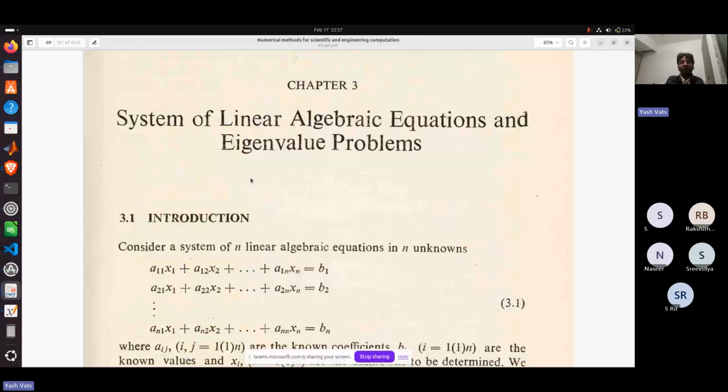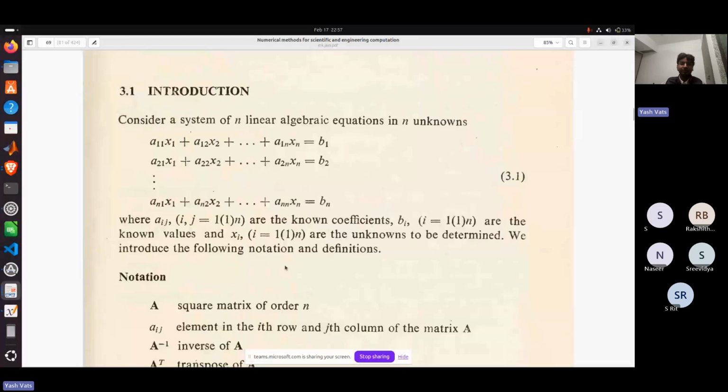This time we will study matrices and some questions over that. So what do we mean by a system of algebraic equations? It has the first equation, second equation, up to n equations, with n coefficients in every equation.